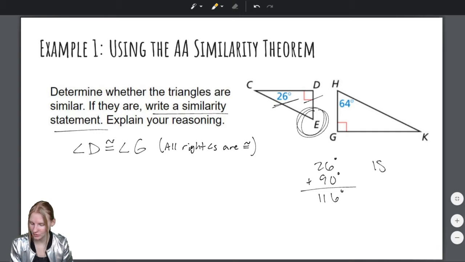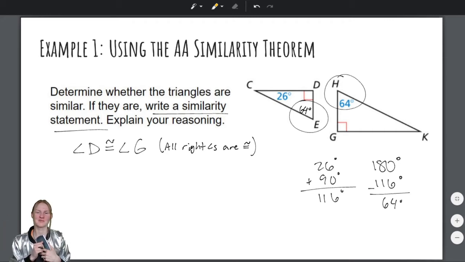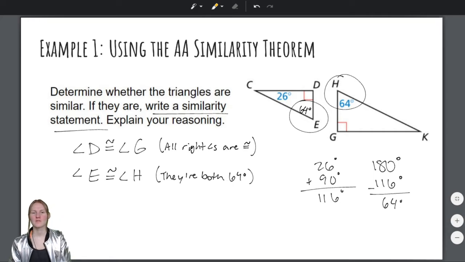And then if I subtract that from 180, I get 64 degrees. So angle E is 64 degrees. Hey, angle H is 64 degrees. Now we know that angle E is congruent to angle H because they're both 64 degrees.